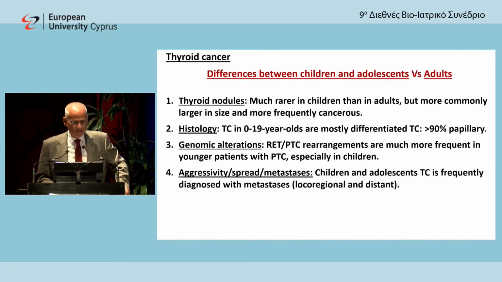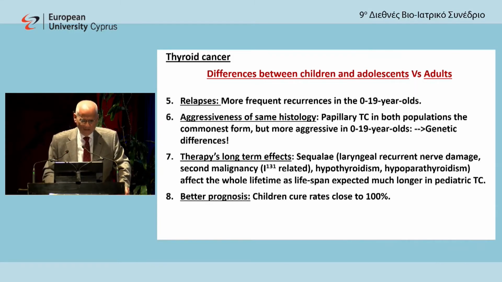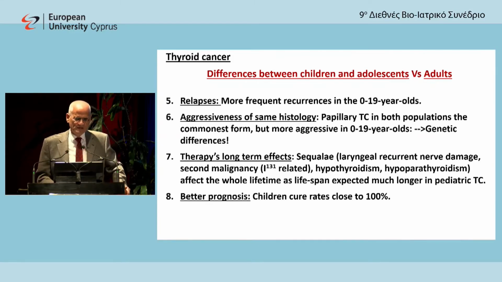They are more aggressive tumors in this age group, with much more frequent locoregional spread and metastasis to the lungs or sometimes to the bones and the liver. Also, they present recurrences more frequently.